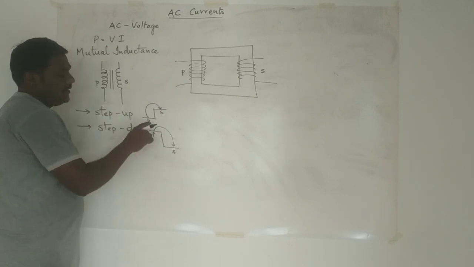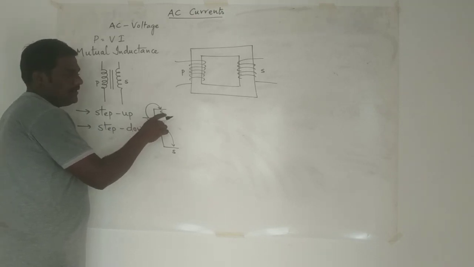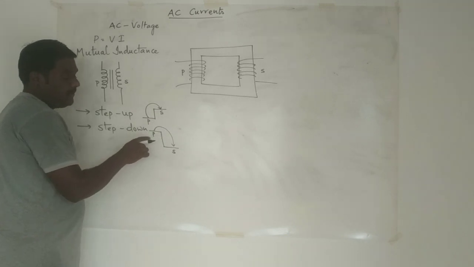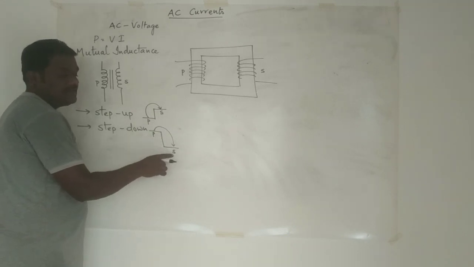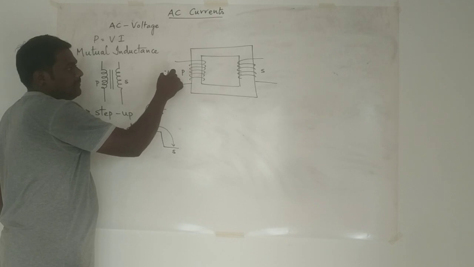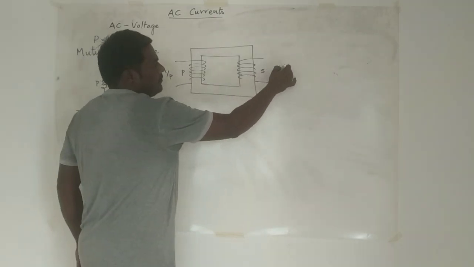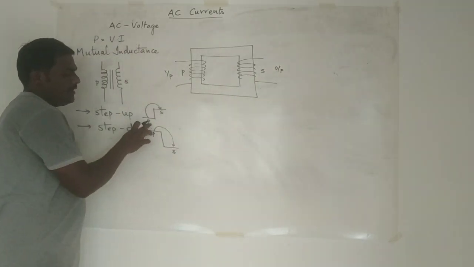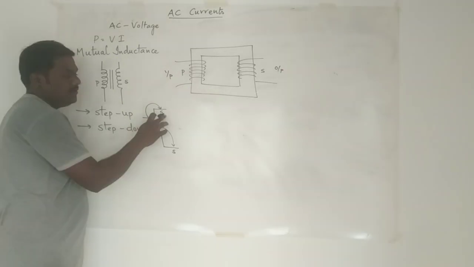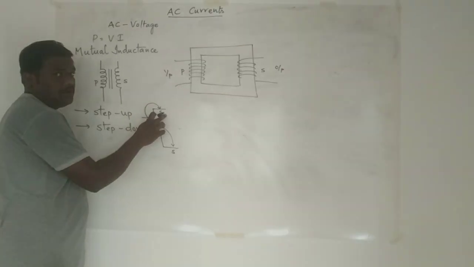I mean, the primary coil will have less voltage than the secondary, whereas in step-down, the primary will have more voltage than the secondary. Always the primary takes the input and the secondary gives the output. So in order to increase the voltage, the input voltage must be less than the output, so you get more output voltage.